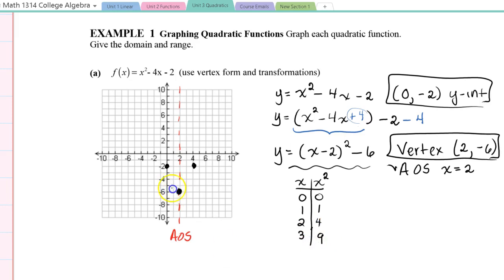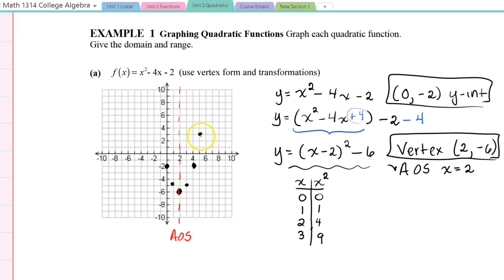Notice this is my new origin, if you will, after we did our transformation. So we go over 1 and up 1, go over 2 and up 4. We already have that point. And then go over 3 and then up 9. Using our axis of symmetry, we see that there's another one over here.